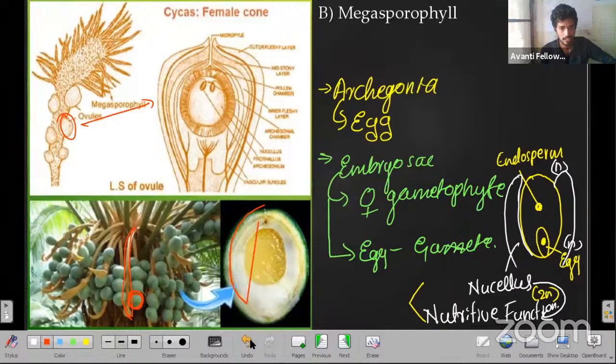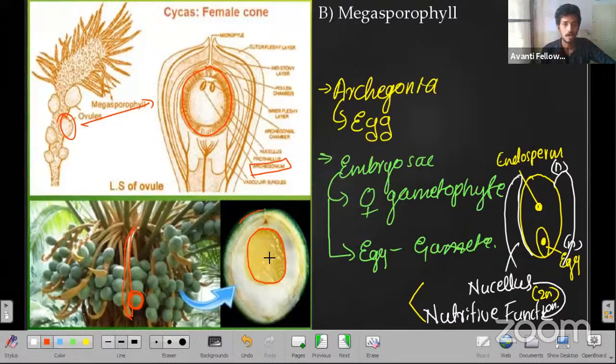You can compare exactly the same thing here: the archegonial chamber with the nucellus outside, also containing the archegonium. You can find all those things there only.